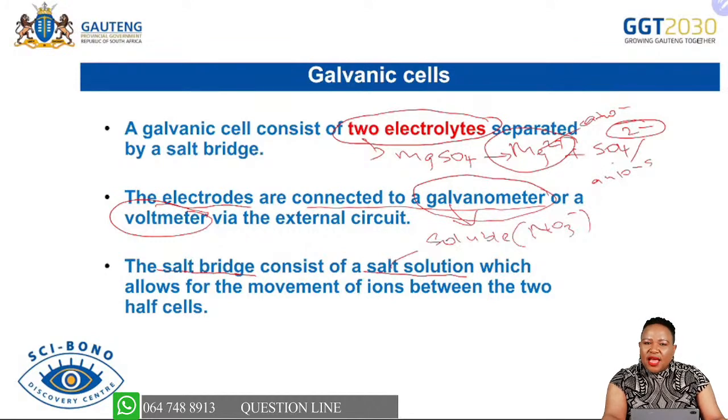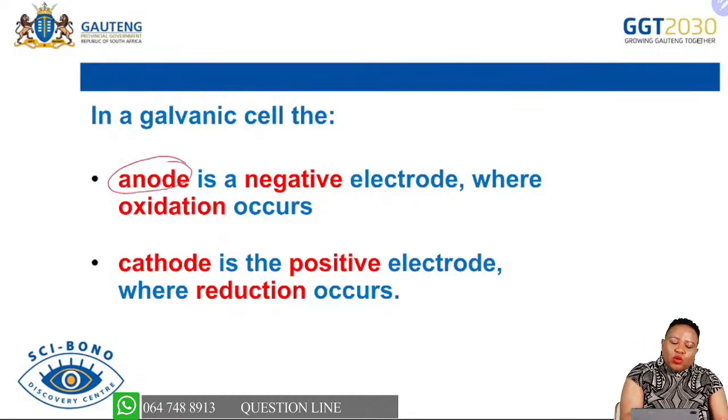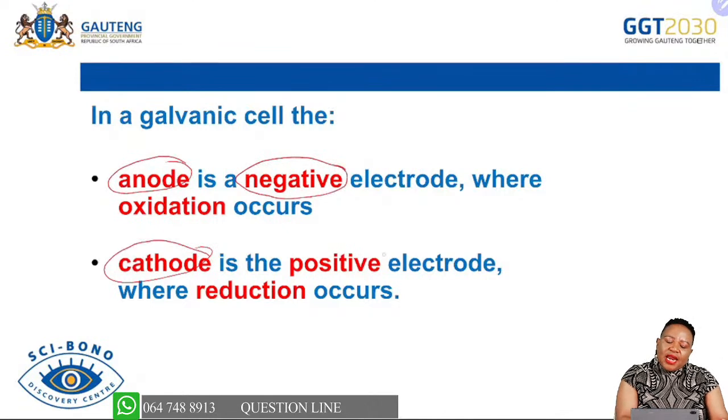Now we know that a galvanic cell will consist of two electrolytes, electrodes connected via galvanometer, and also a salt bridge. Now, in a galvanic cell, you will find our anode, which is our electrode, and our cathode. We will see that our anode will become our negative electrode, and our cathode will become our positive electrode.